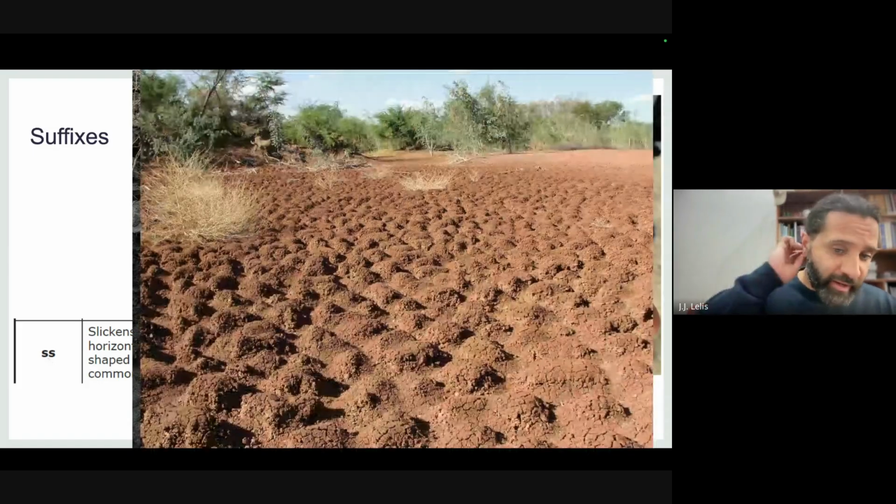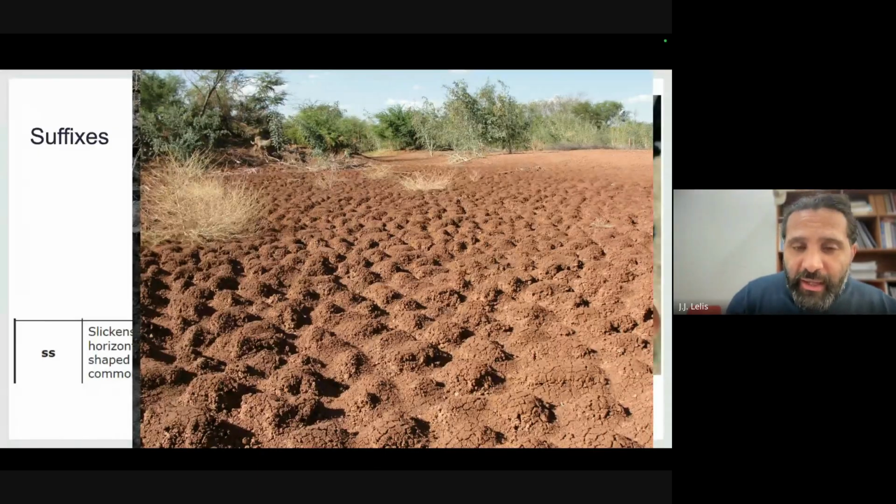This kind of relief is quite common. We call it gilgai. The gilgai is a kind of microrelief. This gilgai expresses the clay migration again because of shrinking and swelling, but now the clay migration, as in cryoturbation, goes from the bottom to the top.